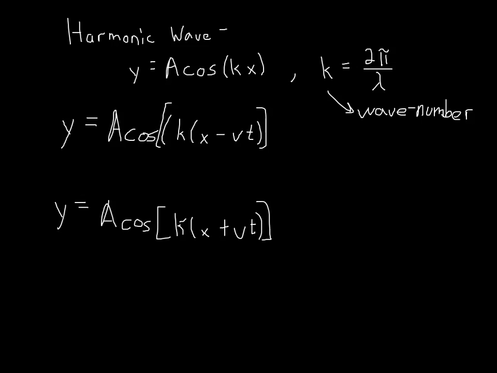The important part of these equations are these signs, this negative and this positive. If you have a negative here, then that means your wave is traveling in the positive direction.